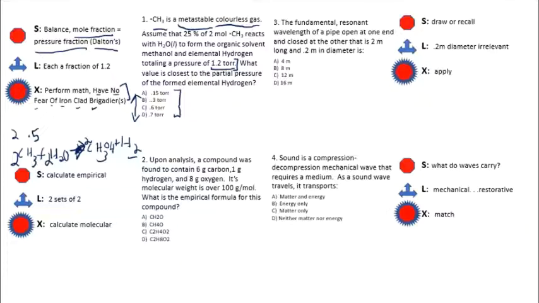So 0.5 should end up being 0.25 hydrogen. Then to get the fraction, we should do 0.25 divided by the whole, which will be the remaining 1.5 plus this 0.25, or 1.75.